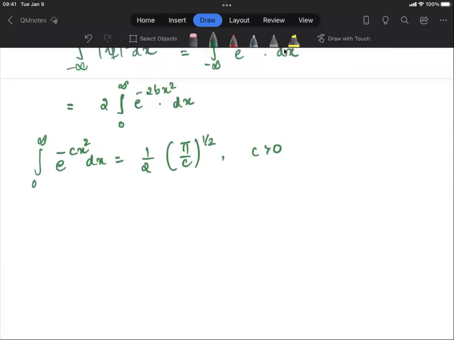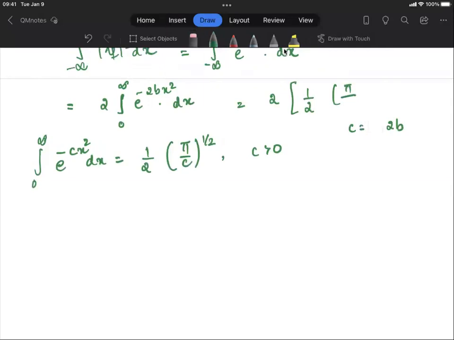Now, using this here, we can have the answer to be half root of pi over c. In our case, the c here is actually, sorry, it's not negative 2b, it's 2b.